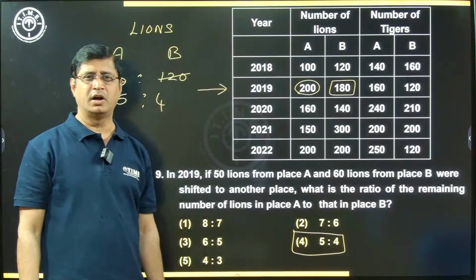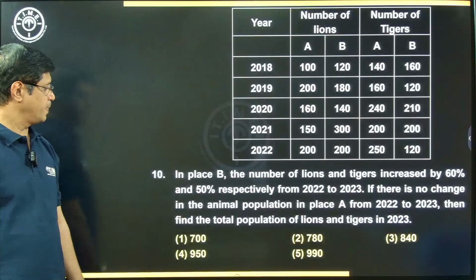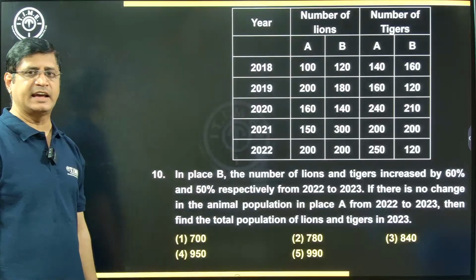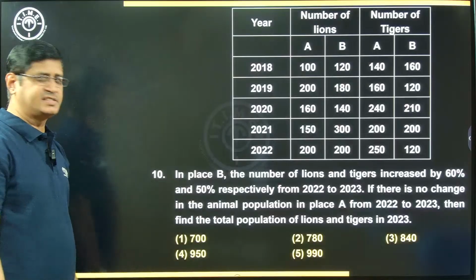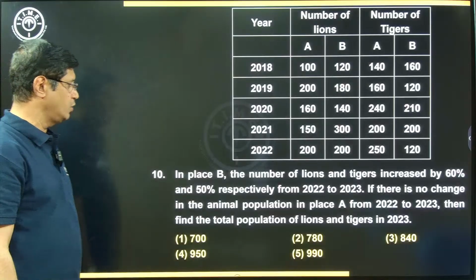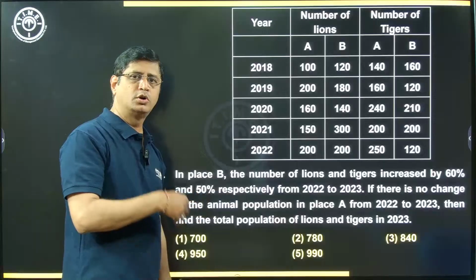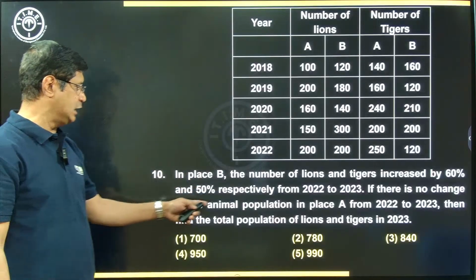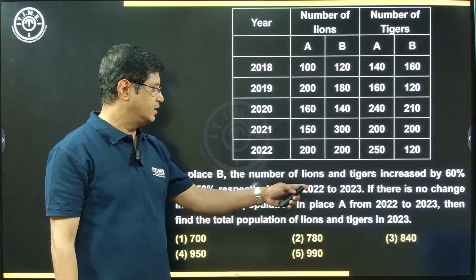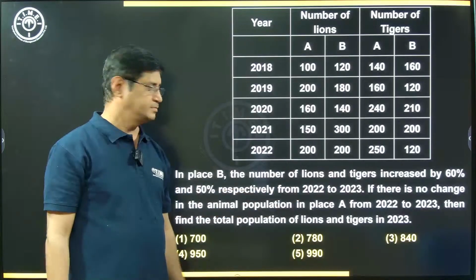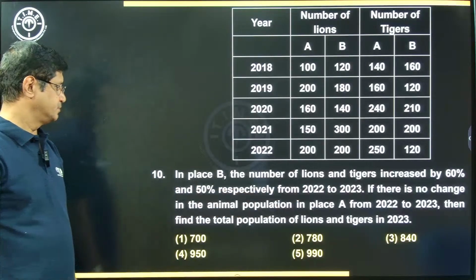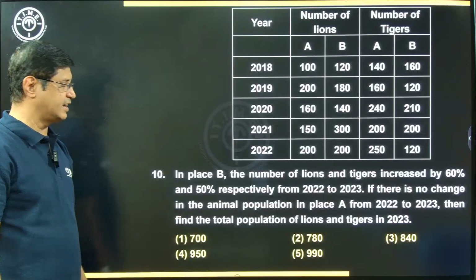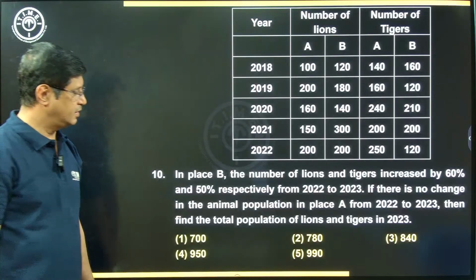Now, next example on your screen. In place B, the number of lions and tigers increased by 60 and 50% respectively from 2022 to 23. If there is no change in the animal population in the place A from 22 to 23, then find the total population of the lions and tigers in the year 23.